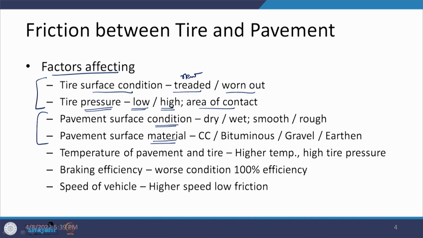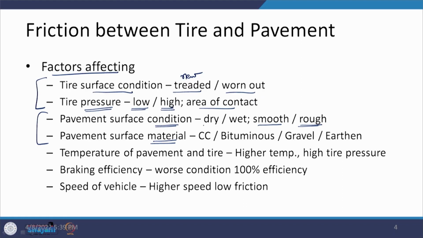Now, here again, if we talk about the condition of the pavement, if the pavement is a new one, then we assume that this pavement is quite smooth, but over a period of time you may find that deterioration and distresses are there, and that causes the pavement to become rough.